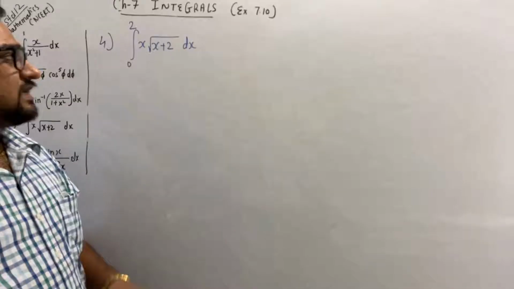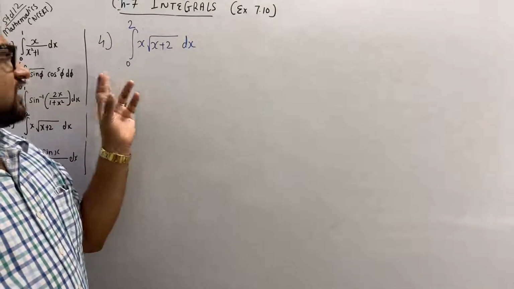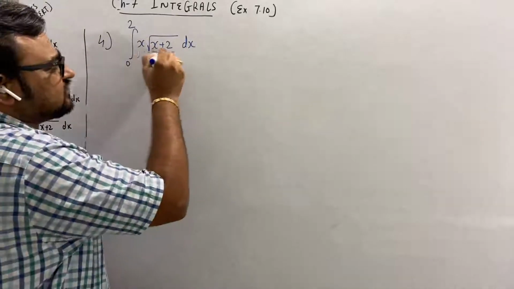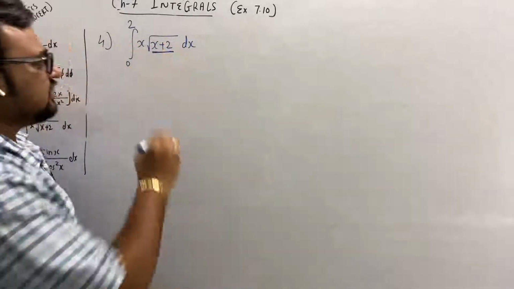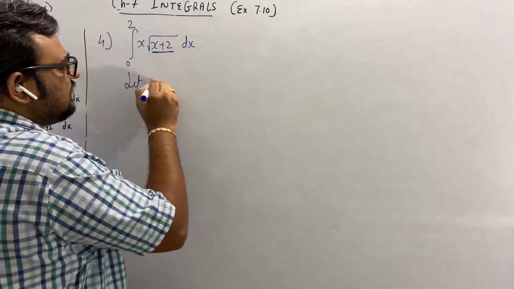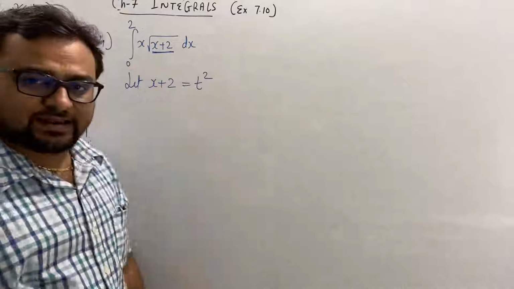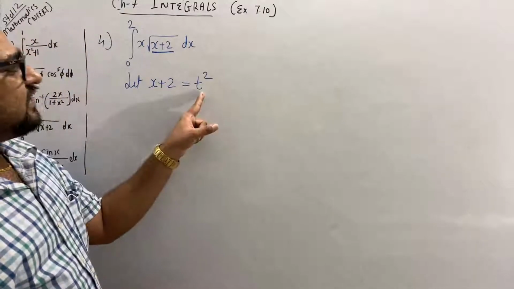Okay, so this type of sum we had done earlier without limit, means in indefinite integration. It's simple, we just assume x plus 2 equal to t square, right? We will assume it equal to t square.